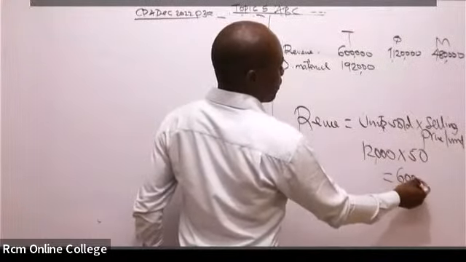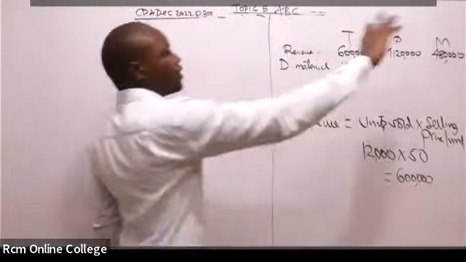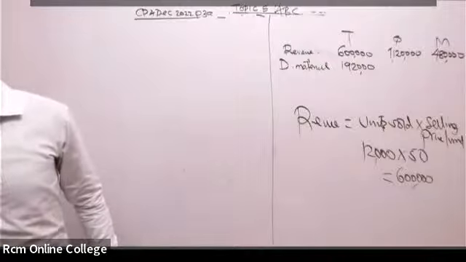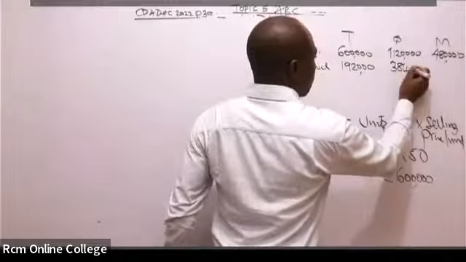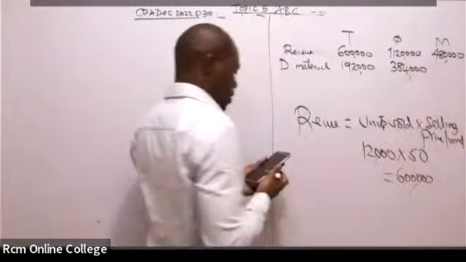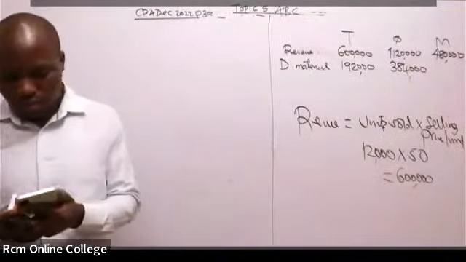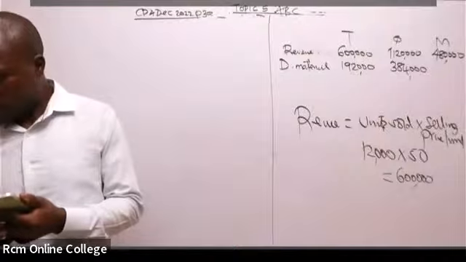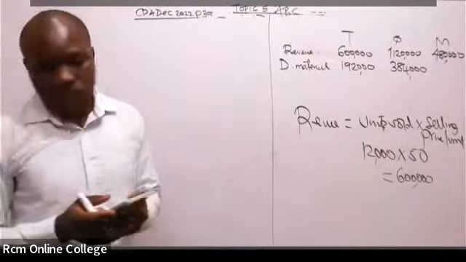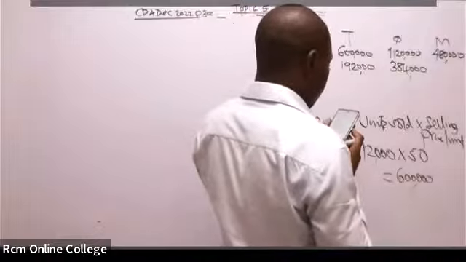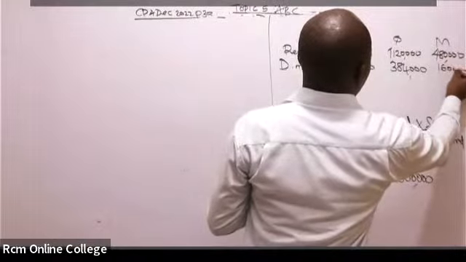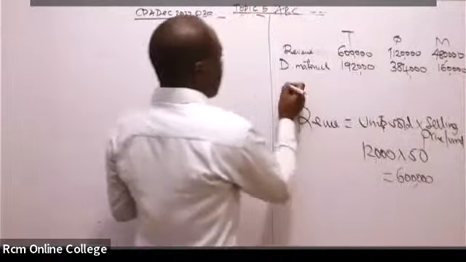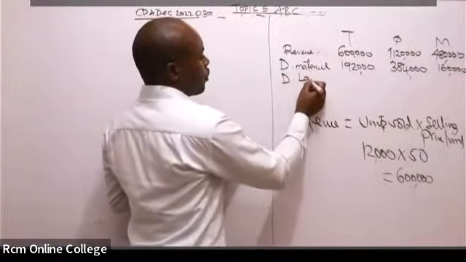That is 600,000. And the trend continues. 384,000. The last one, I'm told it is 160. That is 20 by 8,000. 160,000.